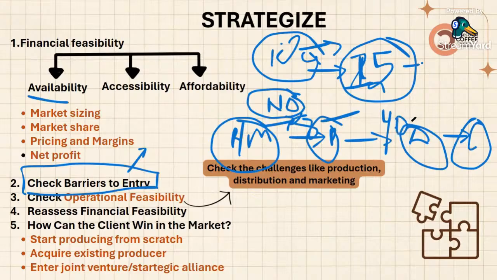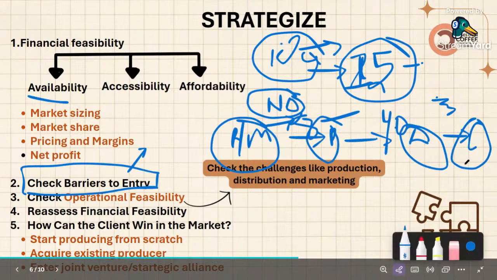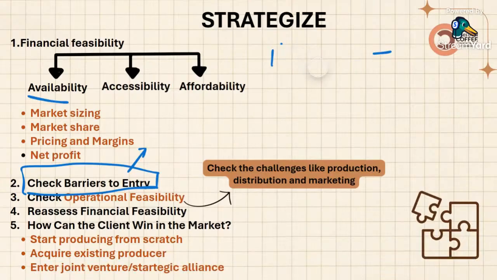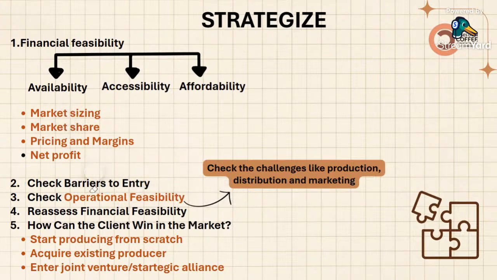But out of that 40,000, only 30,000 has been consumed by the customer. One of the reasons could be that these individuals are loyal to a specific brand, so they are not preferring our brand. Now you need to check the barriers to entry accordingly, and we need to deduct that.